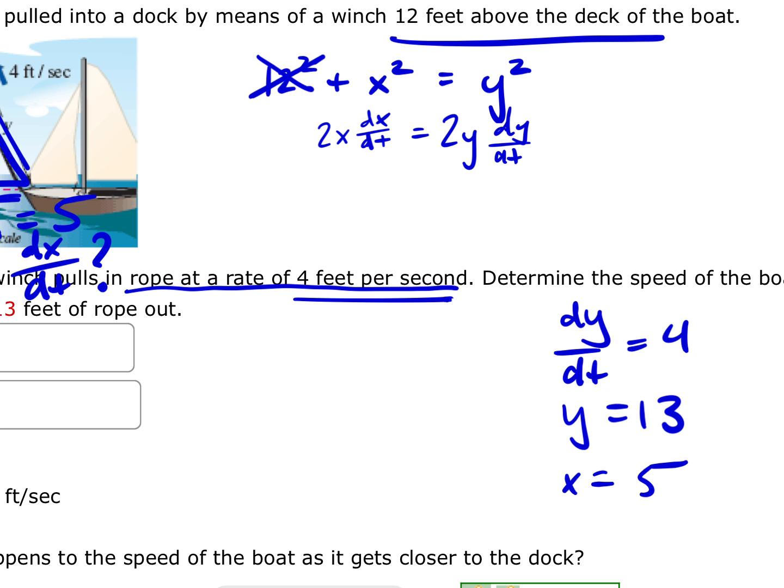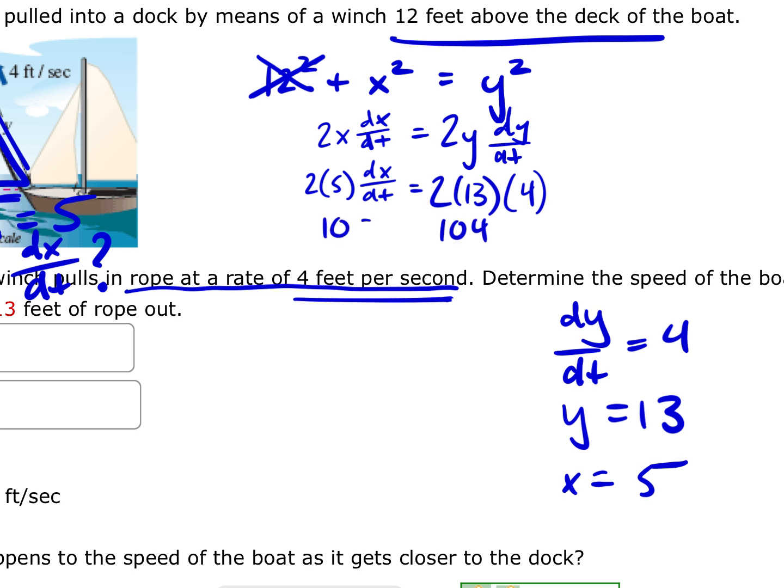So x is 5, 2 times 5. dx over dt is our unknown, that's what we're looking for, is equal to 2 times y, which is 13, times dy over dt, which is 4. So 2 times 13 would be 26, times 4 would be 104.